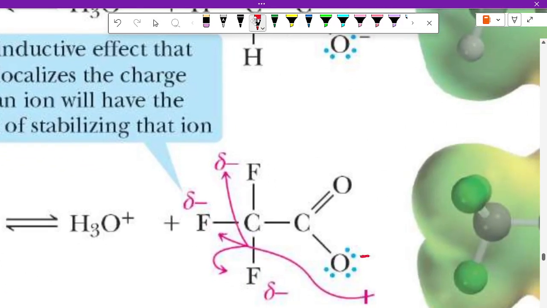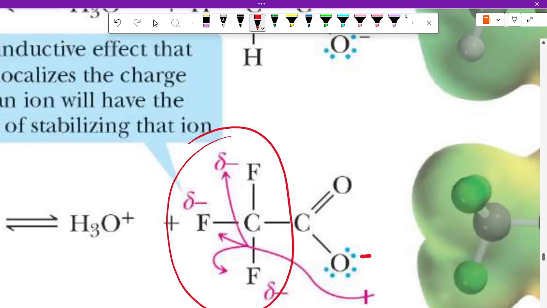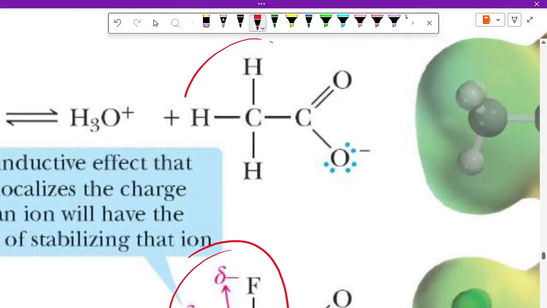If this is our negative charge here, it is easier for this negative charge to spread out over those electronegative elements than over a non-electronegative one.